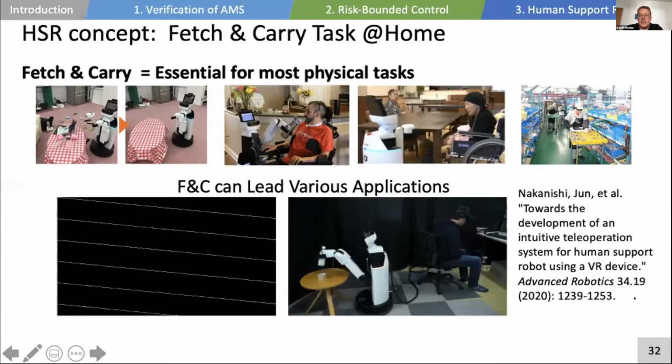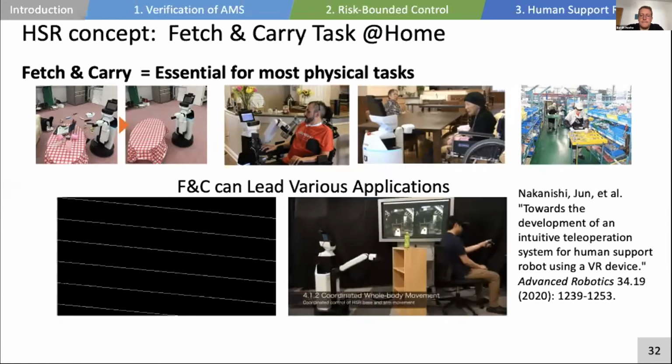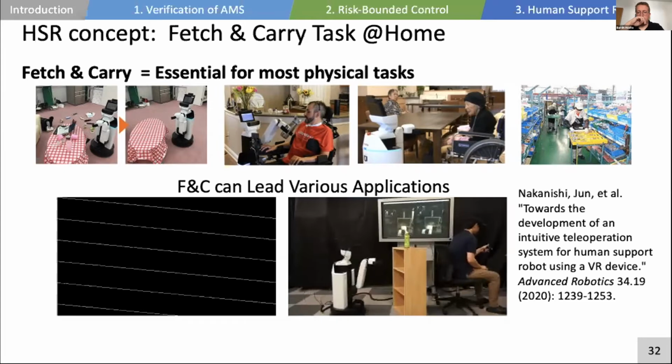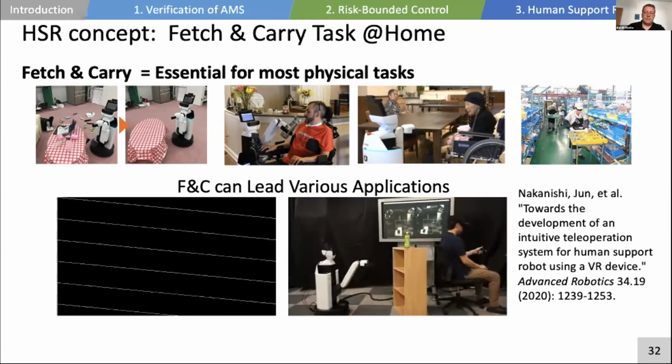In this work, there is a teleoperation system being conducted using a VR device, with coordinated whole body movement. Okay, and I'm going to leave it at that.